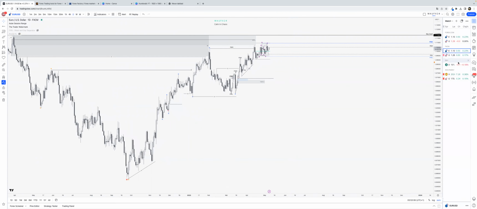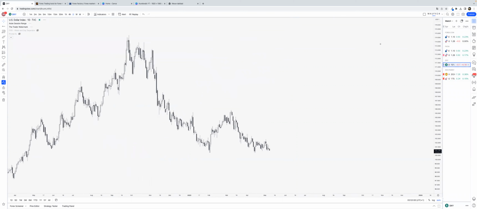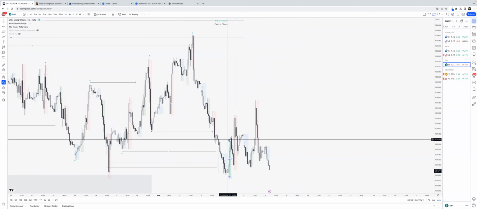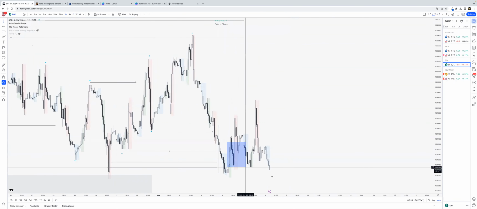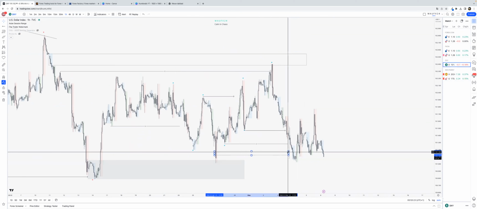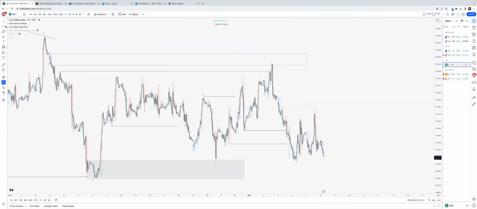Now DXY. Gonna clean it up as well. A bit more messy, but essentially same story here.